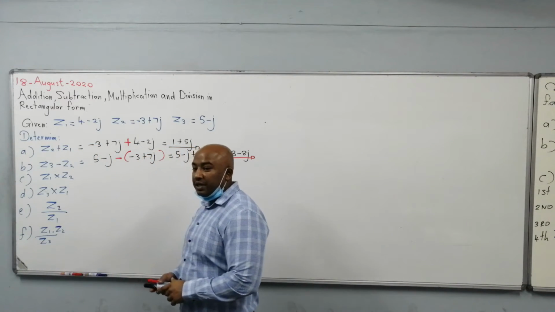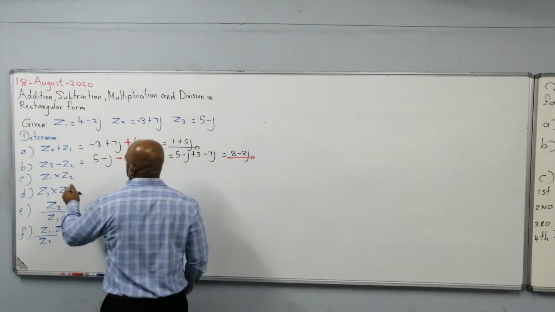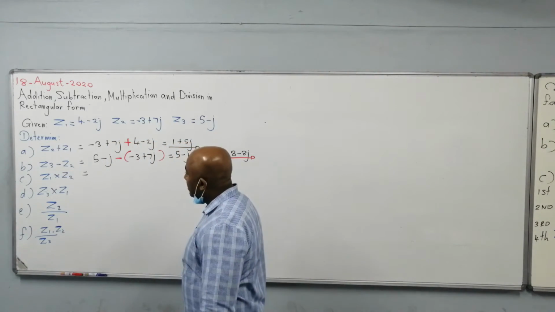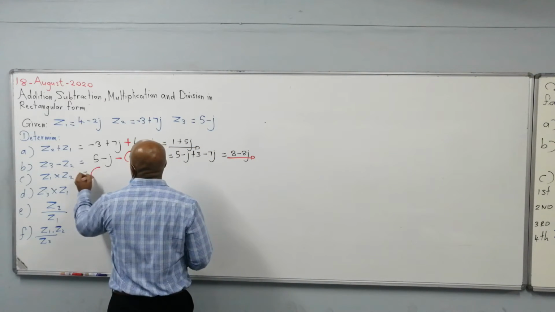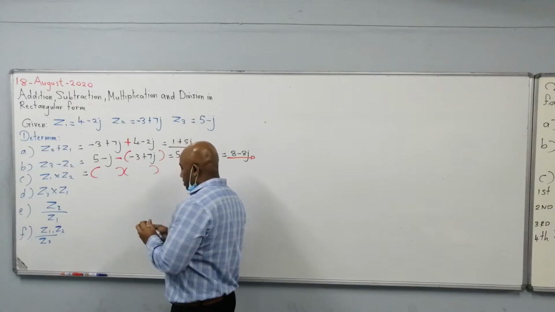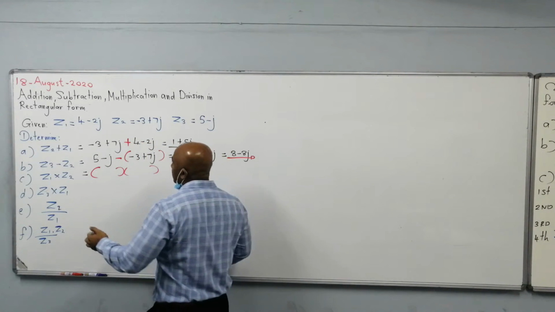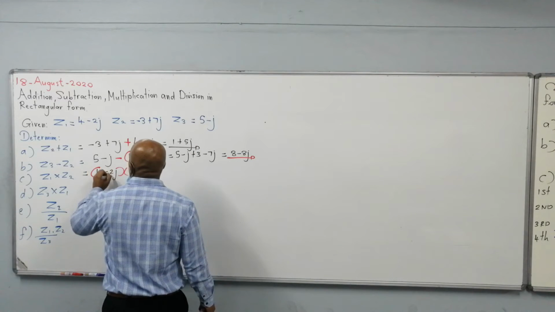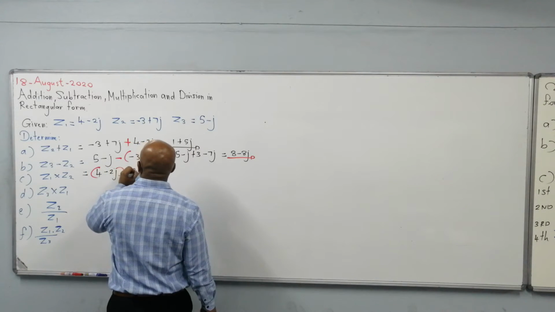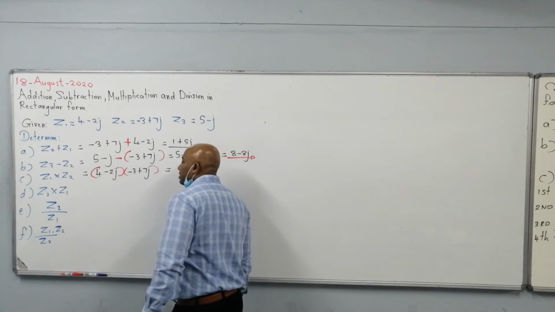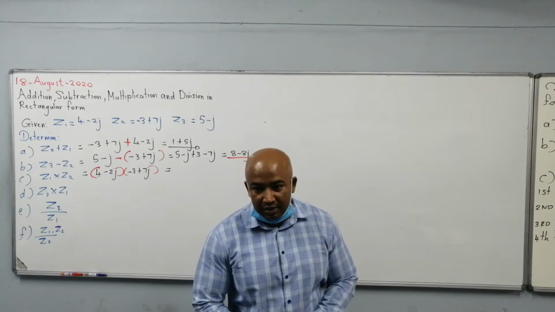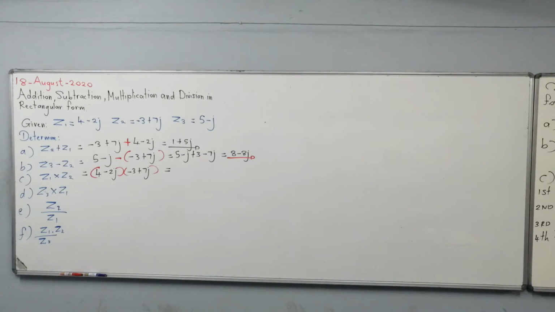Now, that was adding and subtracting. Let's deal with multiplication. Z1 times Z2. Z1 is 4 minus 2j, and Z2 is minus 3 plus 7j. Multiply this out, just like how you multiply when you're multiplying with x or any other variable. Let me give you a minute, it only takes a few seconds.